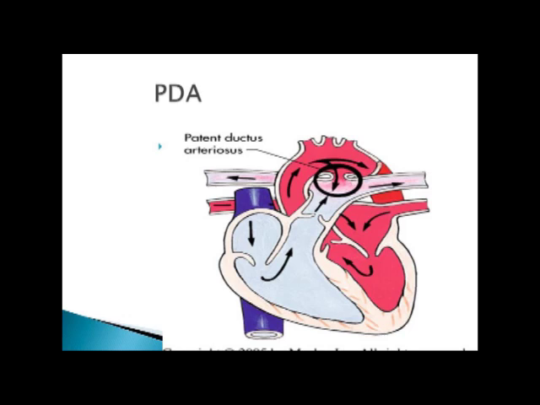But usually this little patent ductus arteriosus should close by about 15 hours after birth. Sometimes you'll see that it takes up to 24 hours after that first breath. It should be closing. So the ductus closes because of an increase in arterial oxygen concentration that follows the initiation of pulmonary function. So that's important.